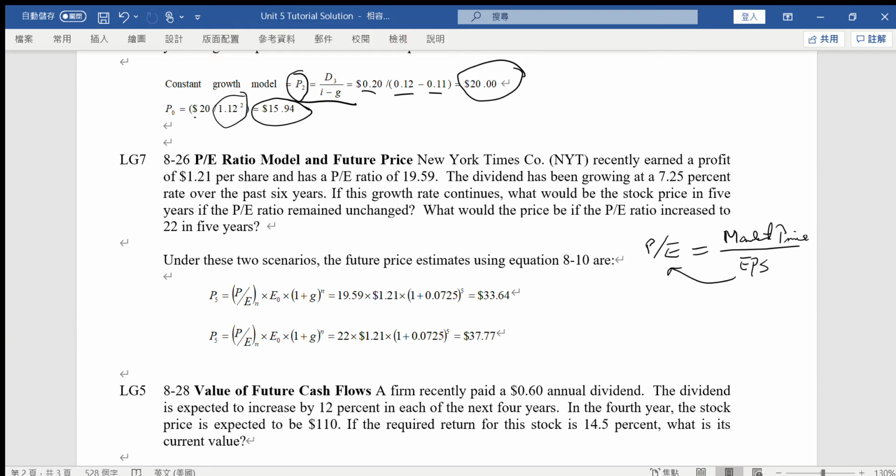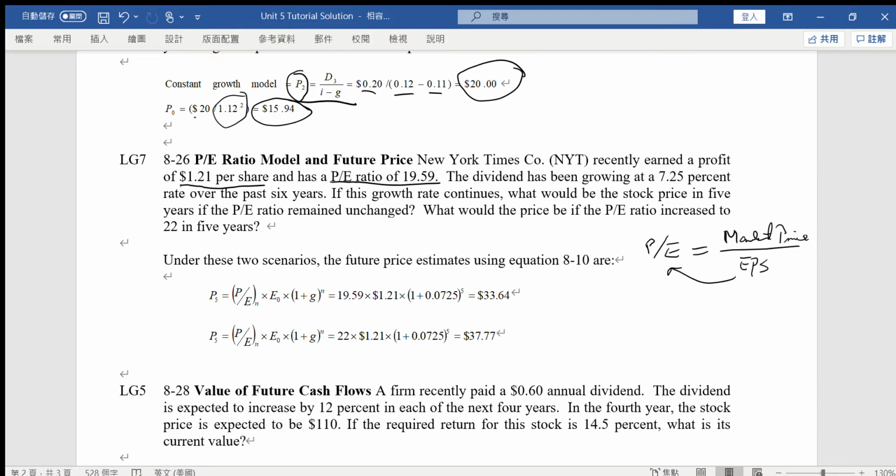Okay, now we look at the question. According to the question, the company is earning a profit of 1.21 per share and has a PE ratio of 19.59, okay?